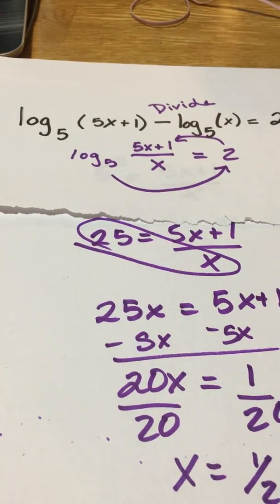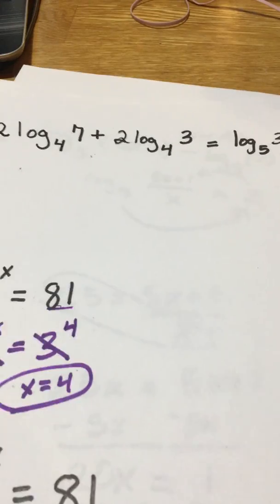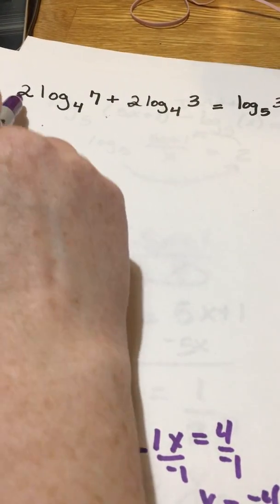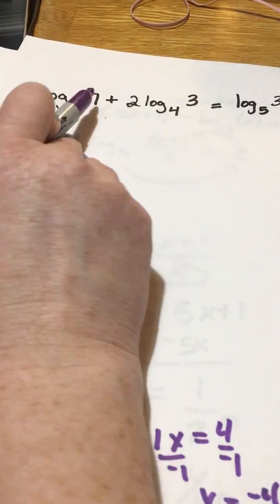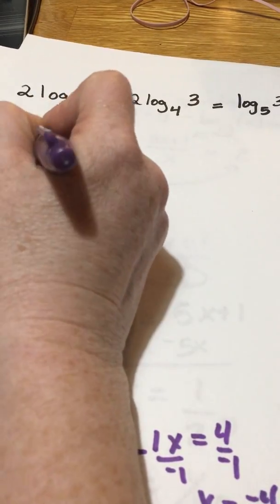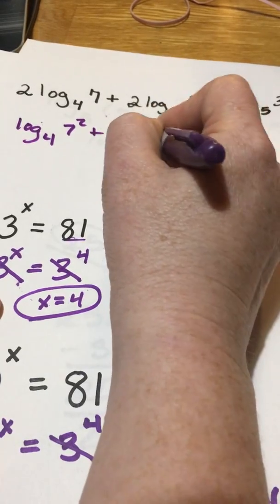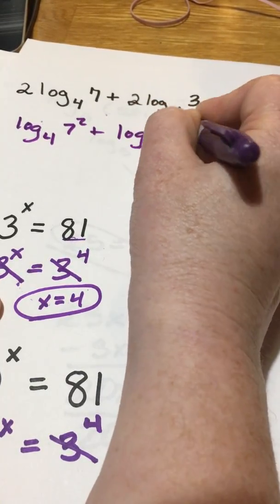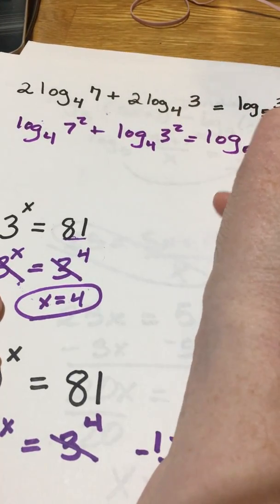I wanted to talk about one last one, and that's the top here, this one. If you notice what's different about this one is that there's a number in front of log. So that number in front actually counts as an exponent for the 7. So this will be log base 4 of 7 squared plus log base 4 of 3 squared equals log base 5 of 3x.